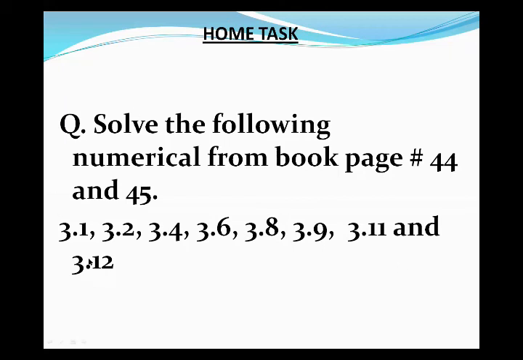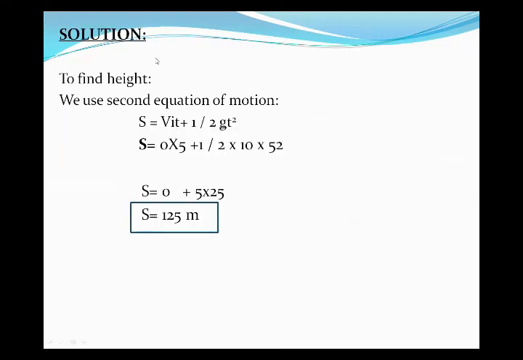Okay, student, now just take the screenshot of the following. I'm going to review how to find the height. For the height we use the second equation of motion, or we can also use the third equation of motion, but when the vf is given.